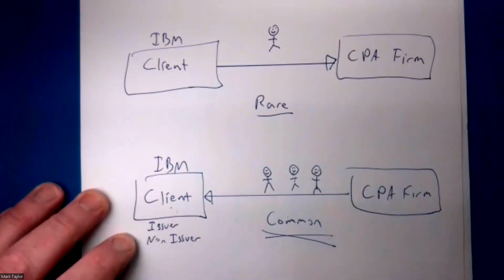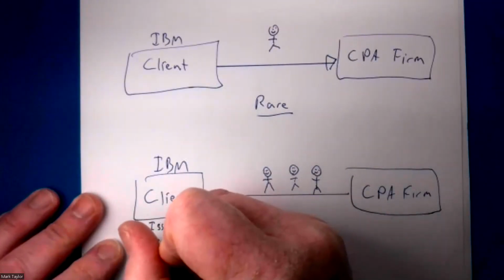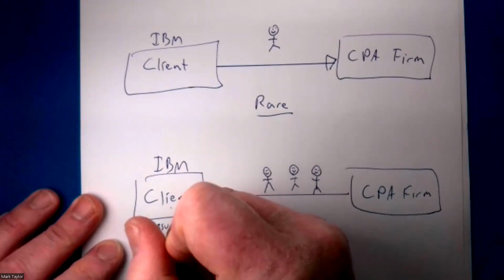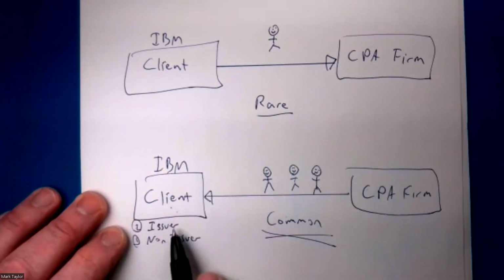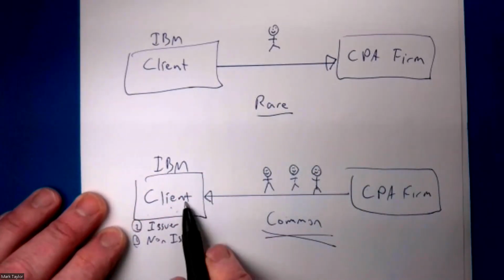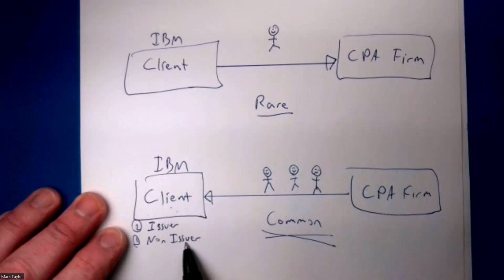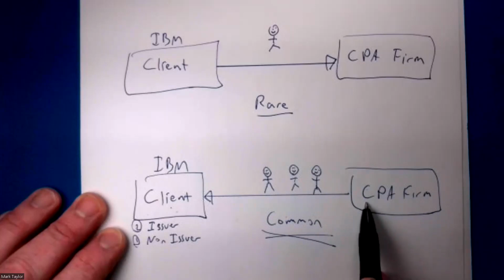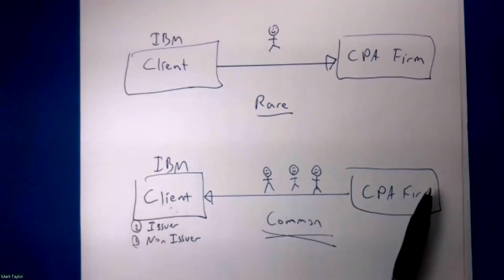Now IBM is an issuer. So there's actually going to be two sets of rules here. I'm going to put this as number one and this is number two, because that's how I give them on the handout. I'll explain why in a second. But this is very common.